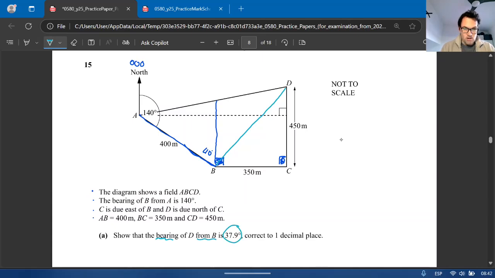Remember, bearing means we need to go from north, which is 000, clockwise, and we're at B. So what they want to know is this angle here. What do we know about the angles? Well, it forms part of this 90-degree angle that we know. And the other part of the angle down here forms part of this triangle.